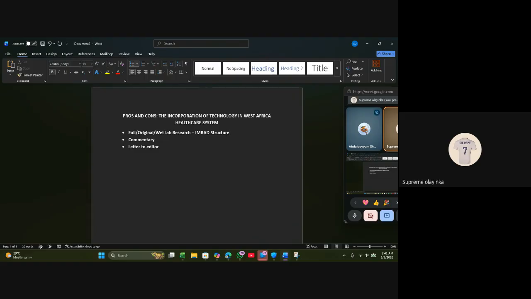And commentary research paper will always follow non-IMRAD structure. This one will always follow what? Non-IMRAD structure. Then letter to editor, maybe it starts with body, then we have conclusion and reference.